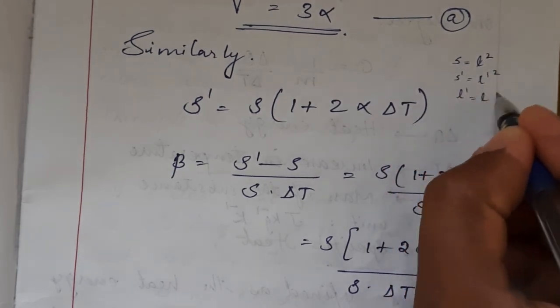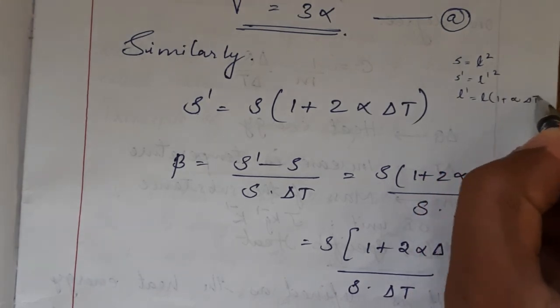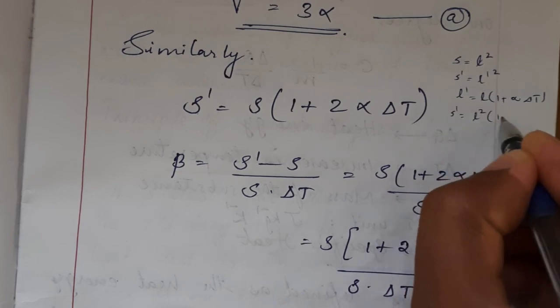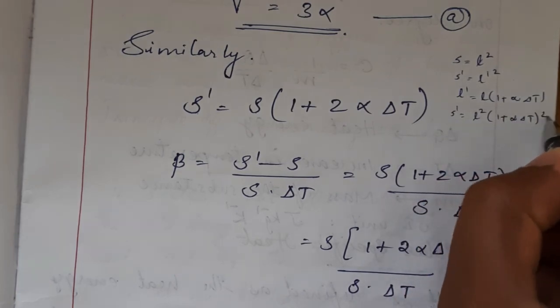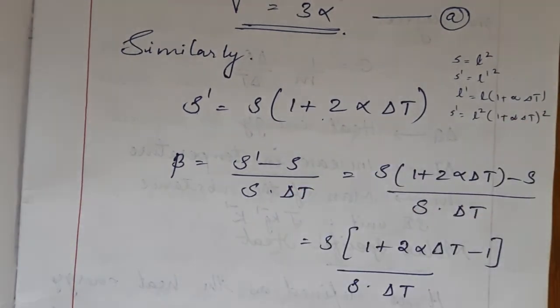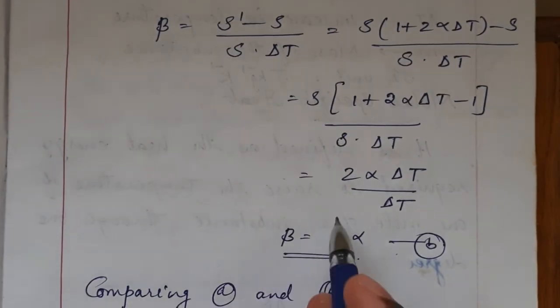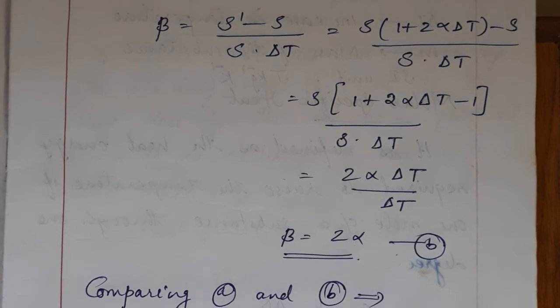L dash is L into 1 plus alpha delta T. If we follow this, S dash is equal to L square into 1 plus alpha delta T the whole square. Expand it, you get this term. So similarly if you follow, you get that beta is 2 times alpha.